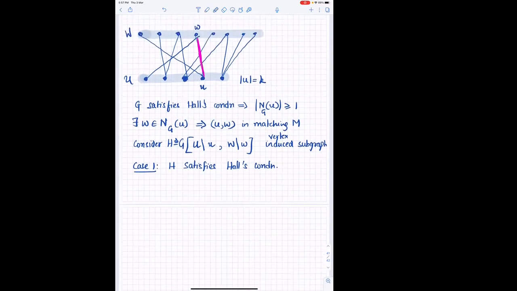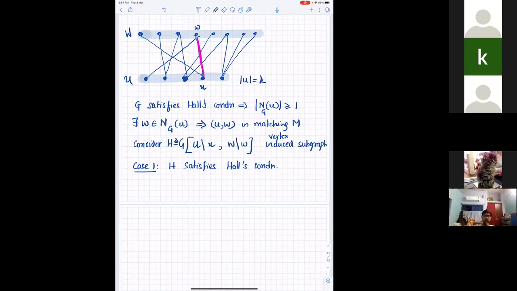So H is the graph that you obtain after removing U and W. You just want to ensure if you recall what it means to say that a graph satisfies Hall's condition. Cardinality of neighborhood of a subset should be greater than or equal to the cardinality of the subset. For every subset, right? Yeah.